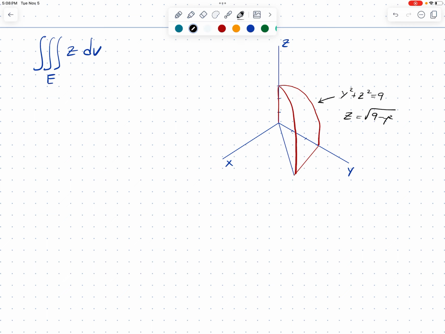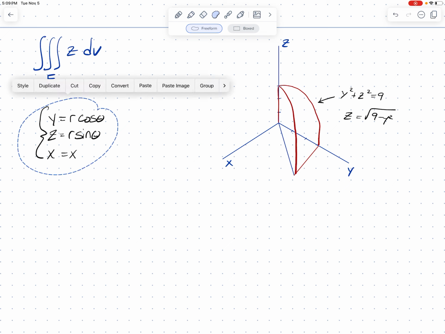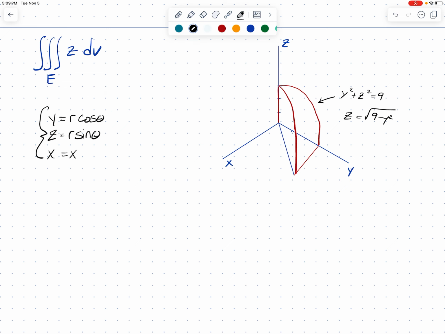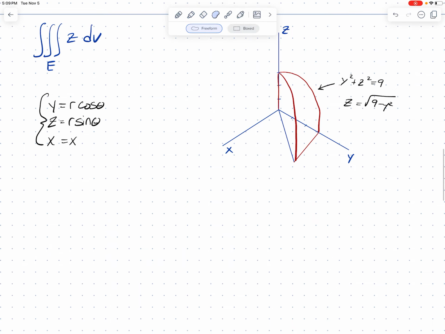And so because of that, I'm going to let x be what it wants, and z is going to play the role of r sine theta. Z is going to be my y. Y is going to play the role of x, so y is going to be r cosine theta, and x is just going to be x. It's not quite the cylindrical coordinates that we learned, but it's pretty easy to make that adaptation and to modify that.